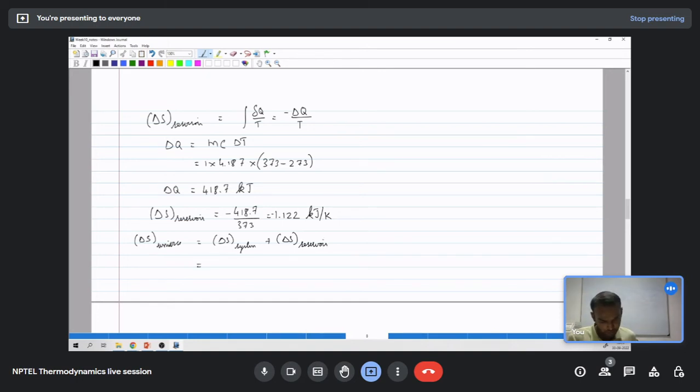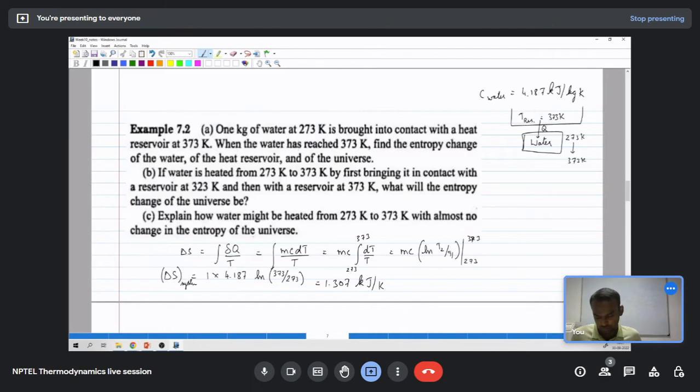So this becomes 1.307 minus 1.122, which is for the reservoir, so this is 0.185 kilojoule per Kelvin. So this much entropy of the universe is increased. So this is the first part of the problem, where we had only one thermal reservoir.